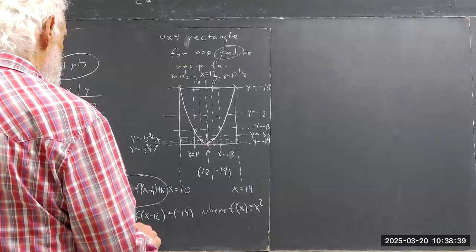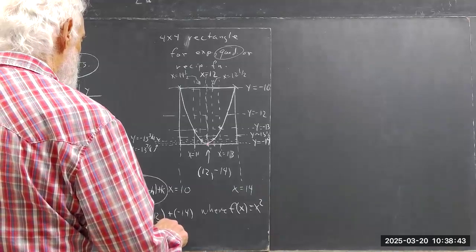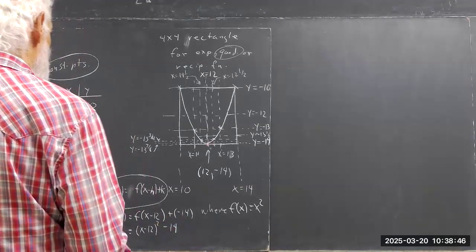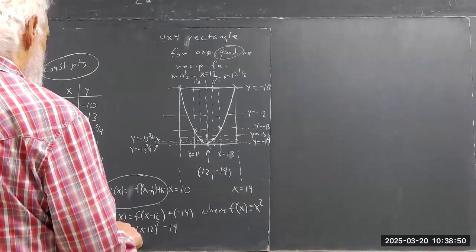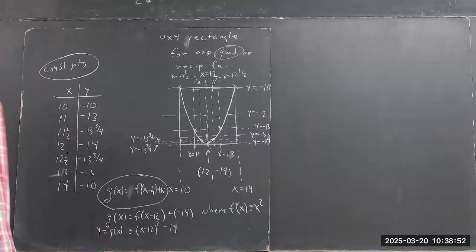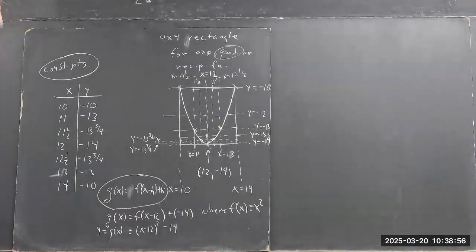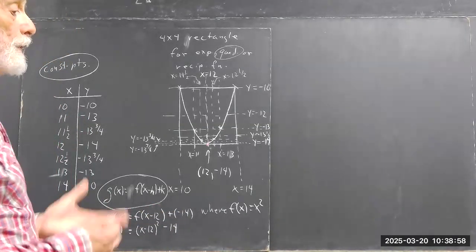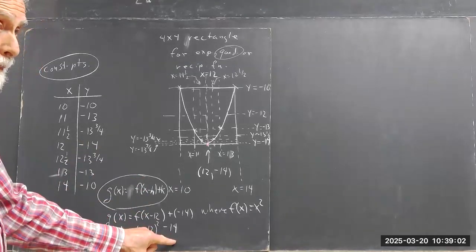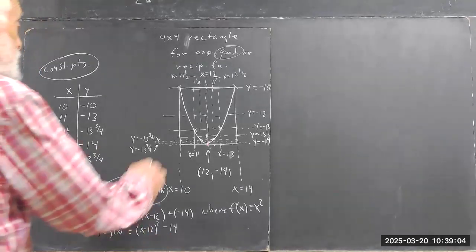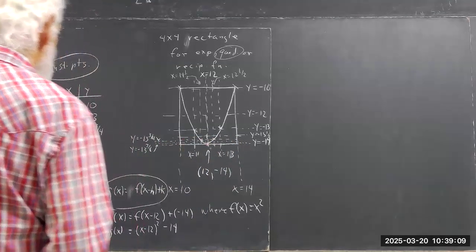So this equals (x minus 12) squared minus 14. And now, as everybody's done, you make a table for this function using the x values of your construction points.